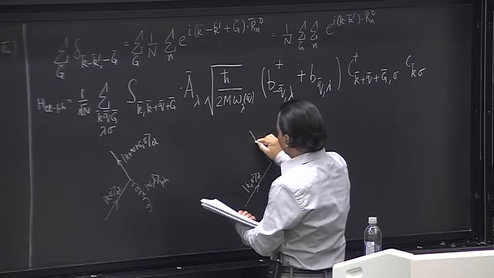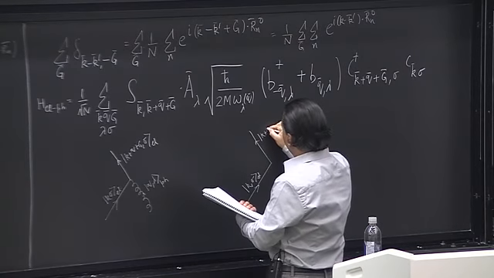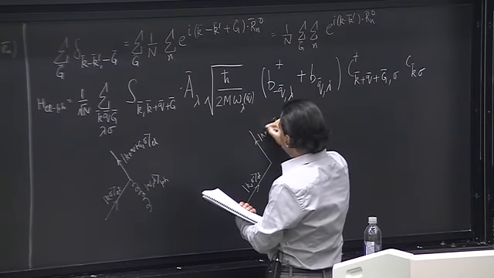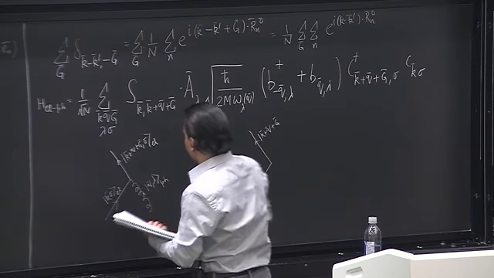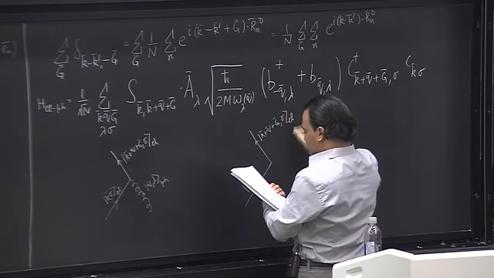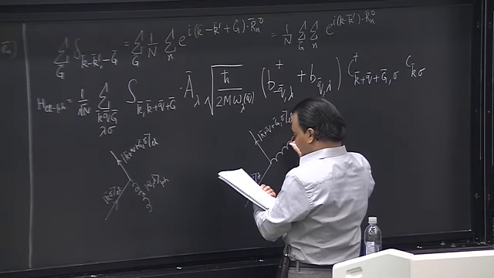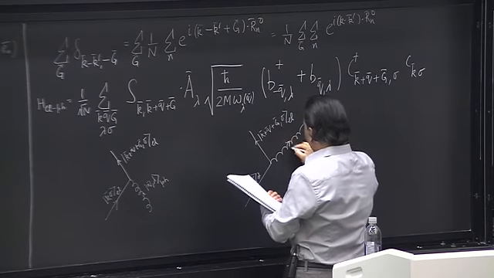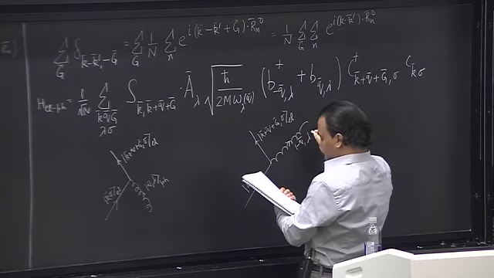This gets scattered into an electron with k plus q plus G. These are all vectors. And you emit a phonon of momentum minus q, lambda.